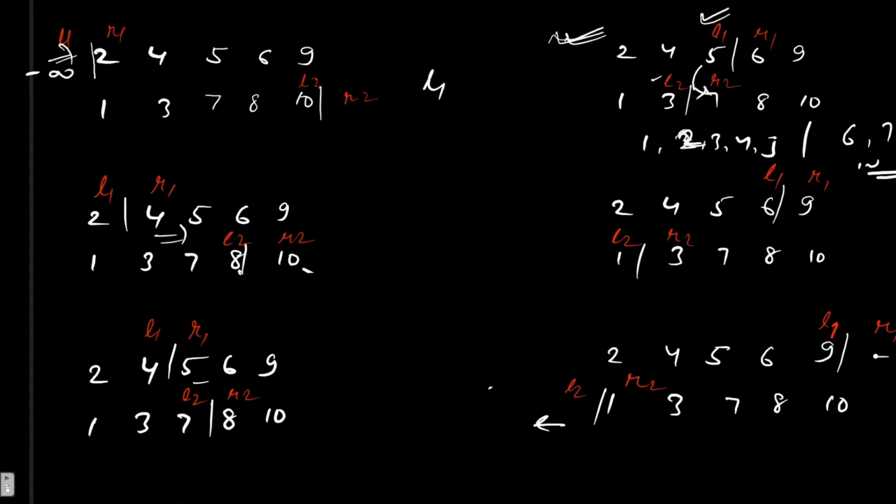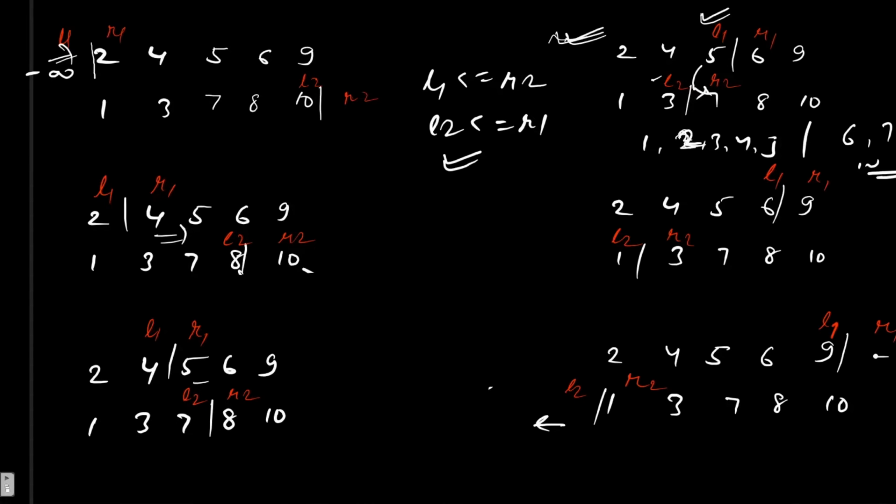This is the first condition. Similarly, L2 should always be lesser than or equal to R1. If these conditions are satisfied, we can say that this is the valid one.